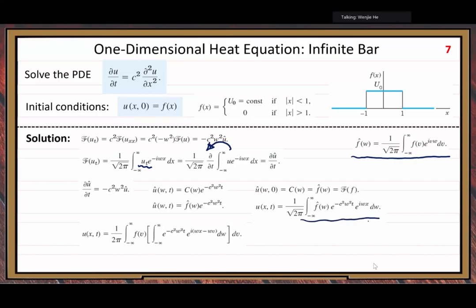But for the Fourier transform, shouldn't there be a negative sign here? I took the screenshot from the textbook, so there is probably a typo here. For the inverse Fourier transform, we don't have the negative sign. It's positive.